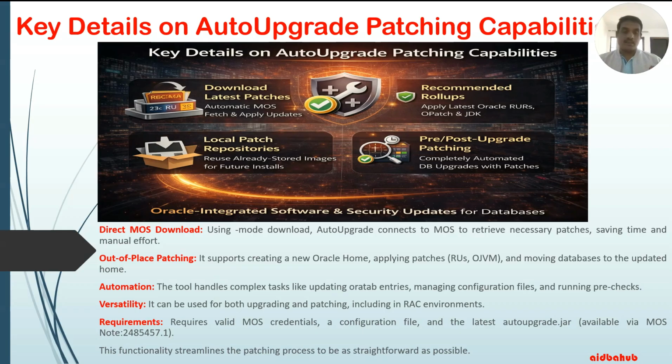Versatility: it can be used for both upgrading and patching, including in RAC environments. Requirements: a valid MOS credential, a configuration file, and the latest autoupgrade.jar available on MOS note 2485457.1. Now those old MOS notes have been migrated to KB articles. This functionality makes the patching process as straightforward as possible.